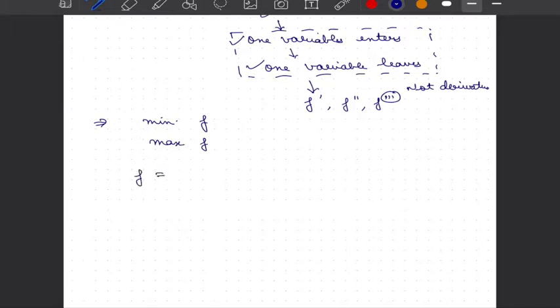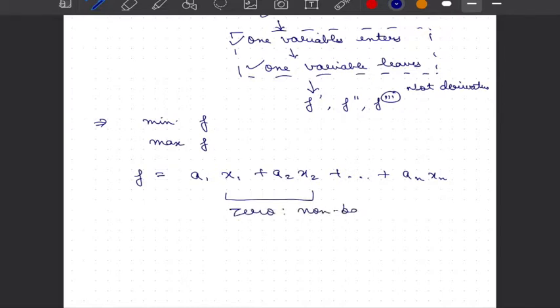So if we have an objective function stated as a1 x1 plus a2 x2 plus ... plus an xn, and we have to make some variables 0, we will have some variables which would be declared as non-basic, and we will by default set them to 0, so that all these are zeros and they become non-basic.